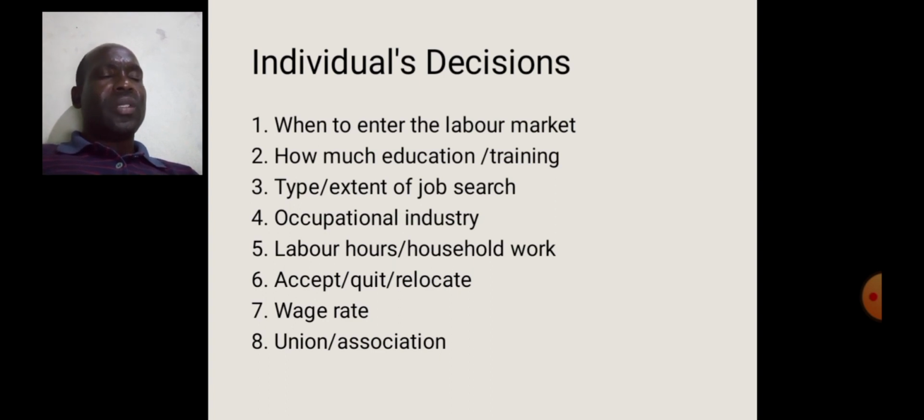Now, even as we talk about the labor market, even as we talk about labor economics, we need to understand that there are certain key roles, certain role players, so to say, in this labor relation.